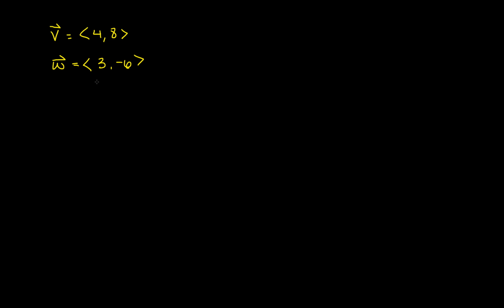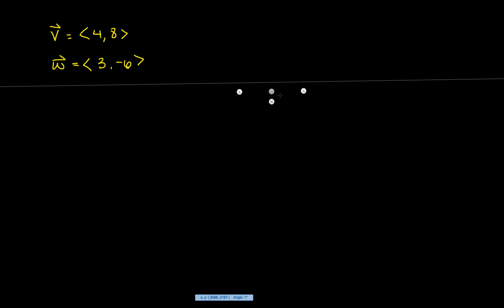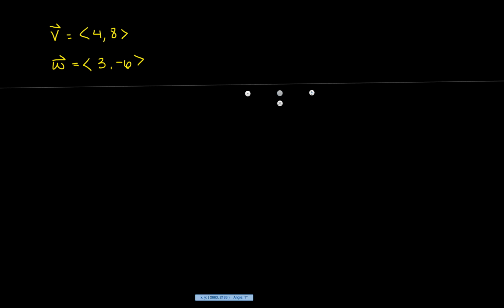First, let's graph this vector. So let me go grab my generic graph here. I know it's so scientific. Move that down a little bit because I could see that there's a slight angle there.